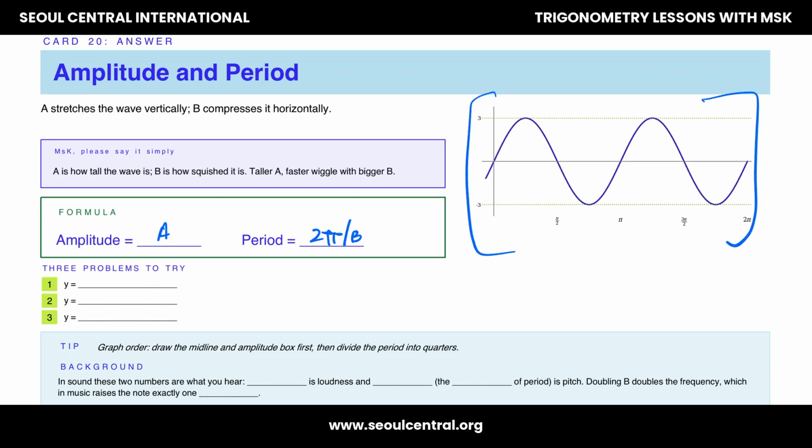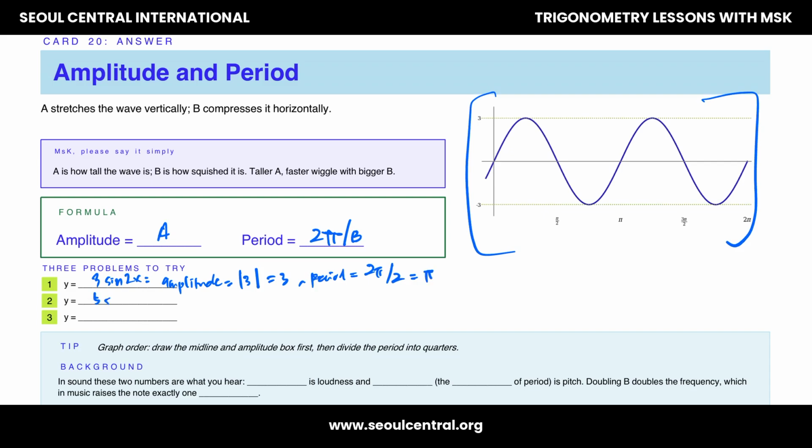So if y equals 3 sine 2x, then the amplitude equals 3 and the period equals 2 pi over 2, which gives us pi.